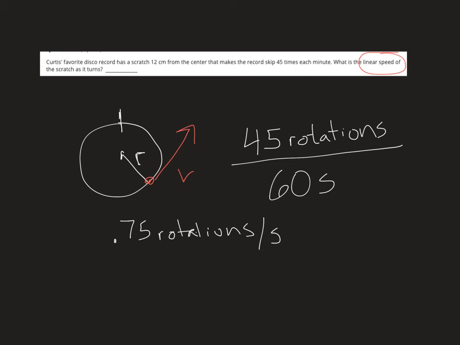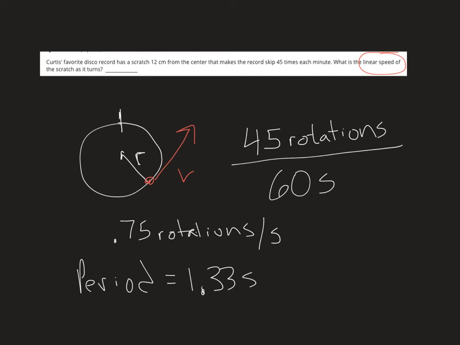Okay, if I take the inverse of that, we can find out our period. So 1 over 0.75 gives us 1.33. So our period is equal to 1.33 seconds.